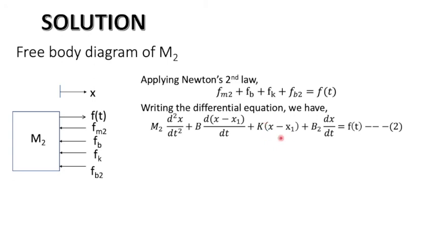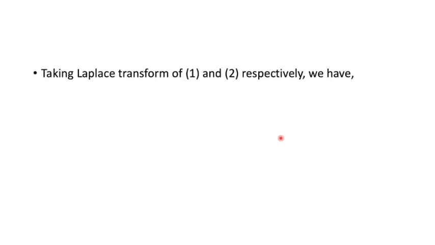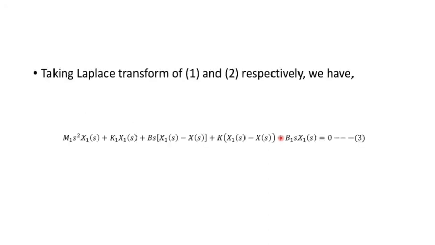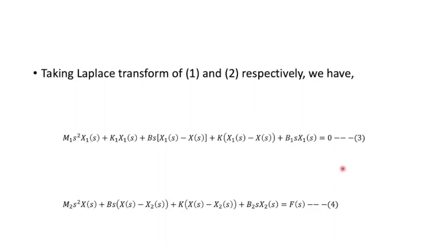Now the next step is to find the Laplace transform of these two differential equations 1 and 2. Taking the Laplace transform, we have equation number 3 and equation number 4. Notice that for the second derivative, the Laplace equivalent is s square into X1(s).